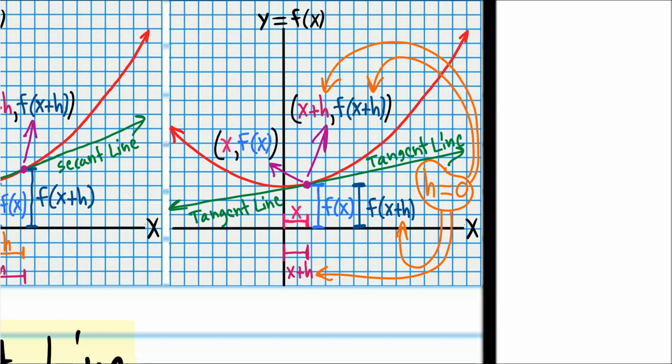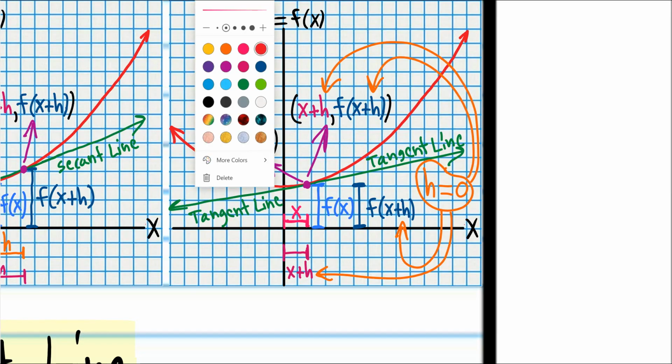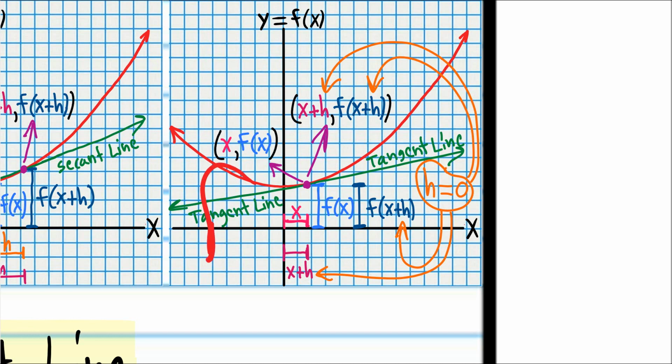defining the tangent line is kind of a difficult thing. We define the tangent line as the line that touches the graph at one place, but that definition is not very good, because technically the graph could turn down like this, and then it would touch the tangent line in more than one place.